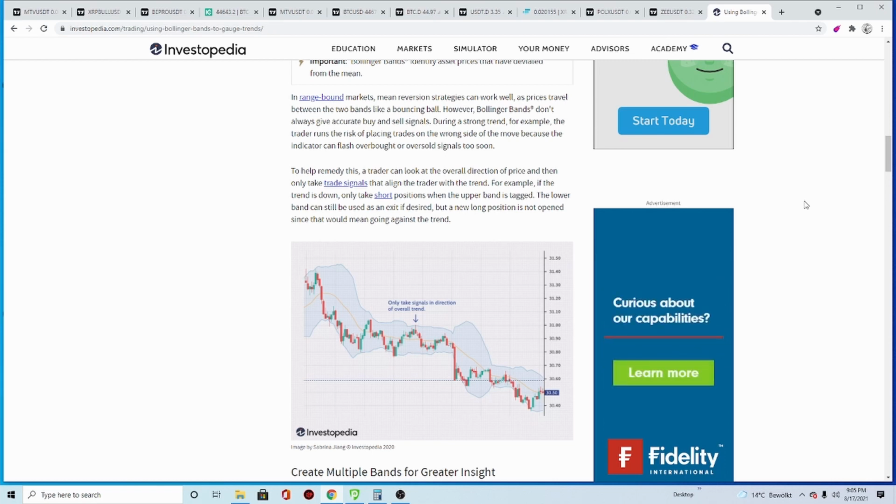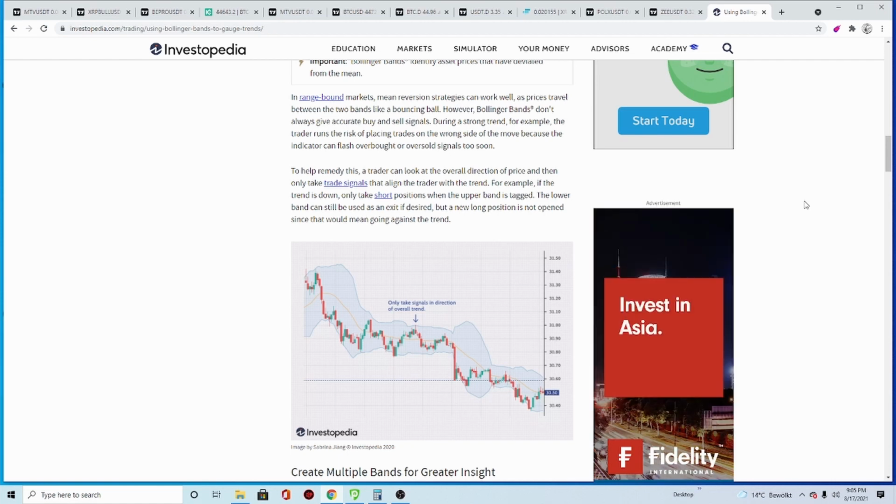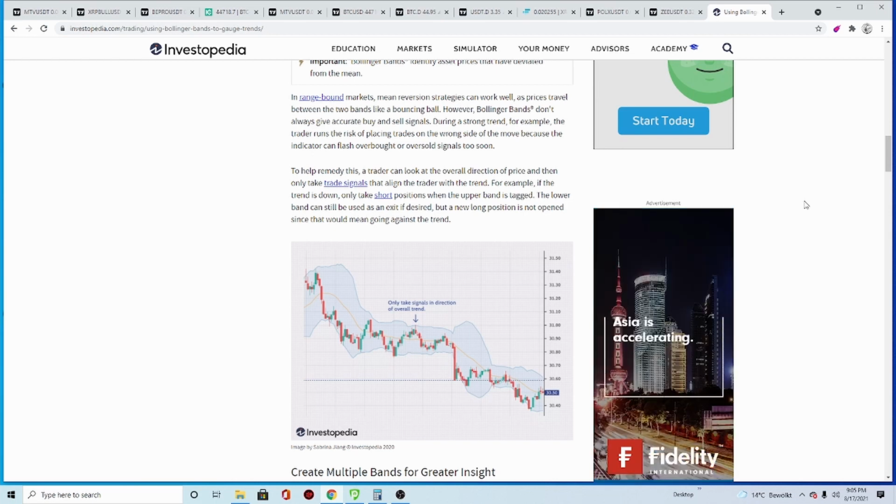For example, if the trend is down, only take short positions when the upper band is tagged. The lower band can still be used as an exit if desired, but a new long position is not opened, since that would mean going against the trend.